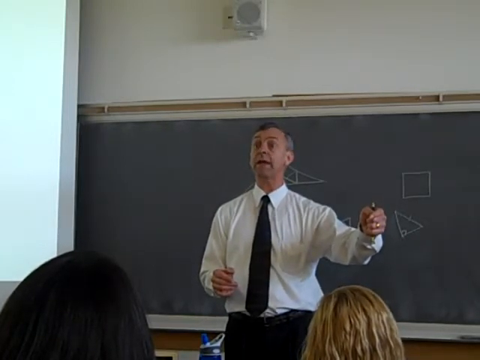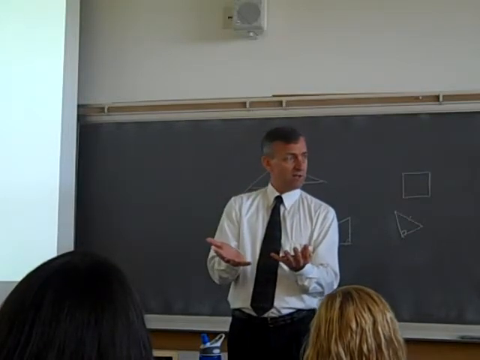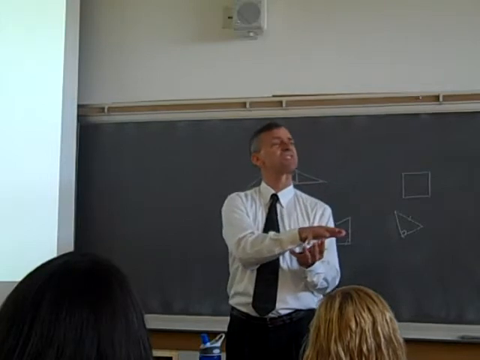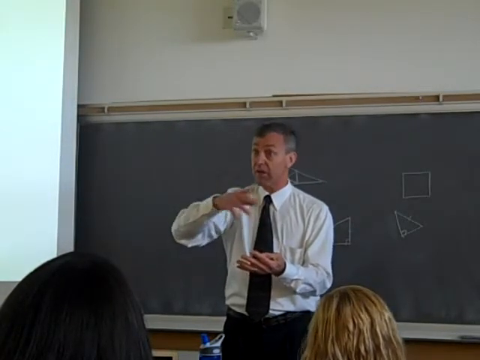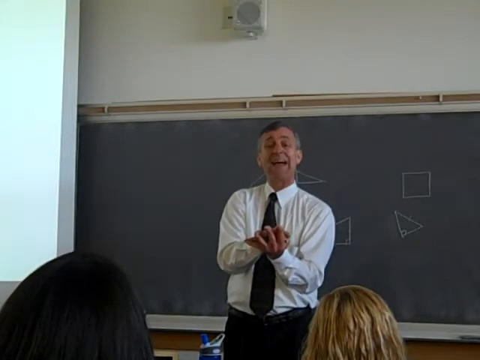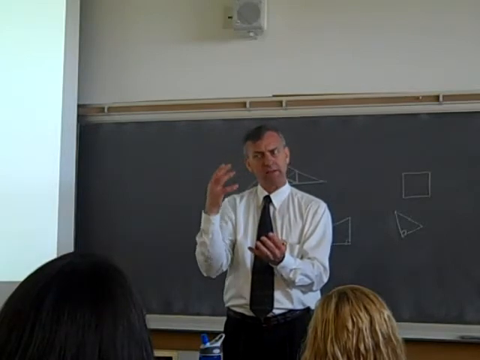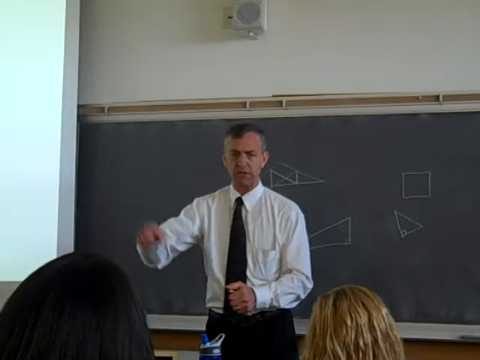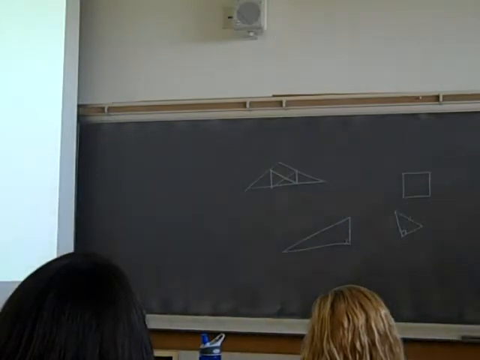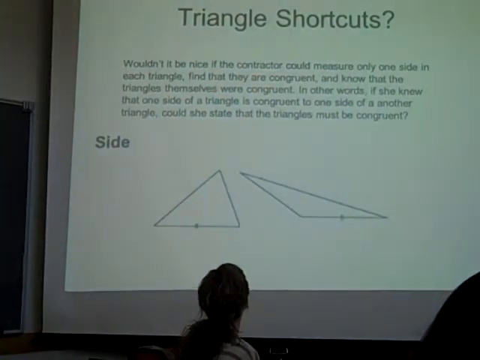If you can take one and put it on top of the other one, either through flipping it or sliding it or rotating it, or a combination of those three things, and get one to match right on top of the other, that's kind of a way to think about congruent. If you can do that, then it fits the definition of all those 6 things. Does that make sense? So there's an official definition, and then there's one you just ought to have a gut feel for, and you ought to know that gut feel.